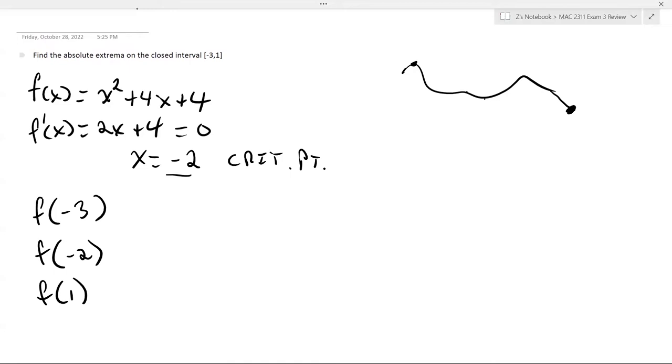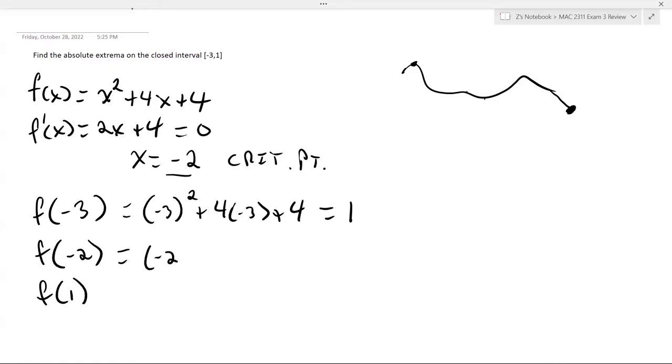Okay, in this case, -2 is in our interval, and I'm testing the endpoints, -3 and 1, and I'm testing the critical point. In this case, I want to know exactly what the values are, because one's going to be the highest, one's going to be the lowest, or more than one place. So f of -3 equals -3 squared plus 4 times -3 plus 4, which equals 9 minus 12, which is -3, plus 4, which is 1.